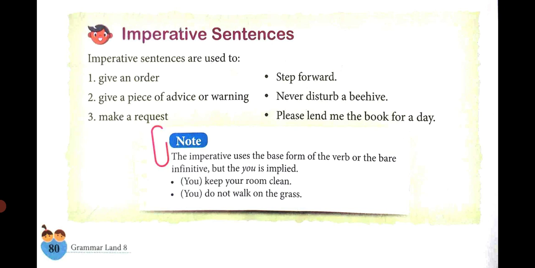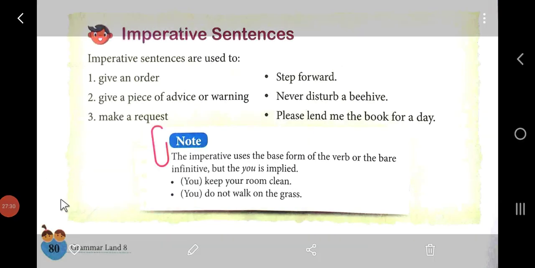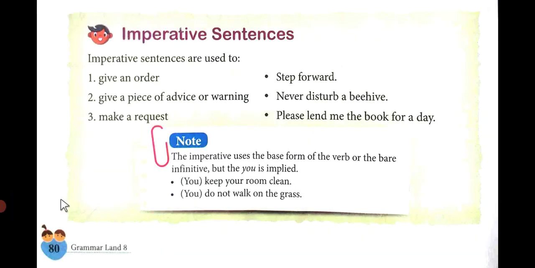Affirmative sentences simply say or state something. For example, I like to eat mangoes. Negative sentences express a negative meaning. For example, I do not go to school.